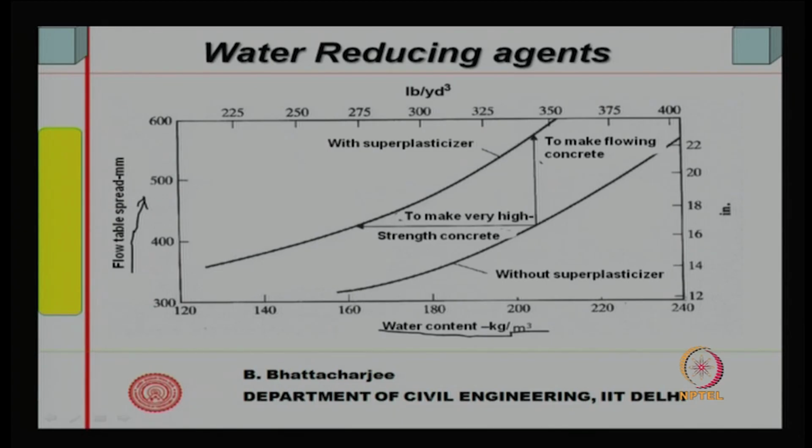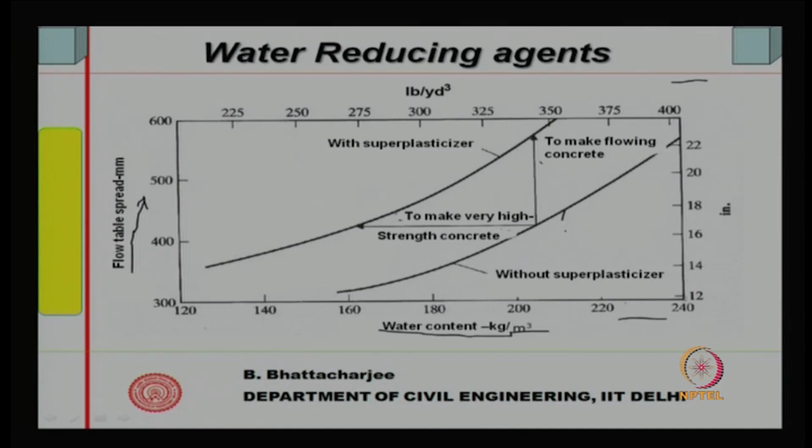So, if you use without superplasticizer, you want to increase the flow table spread, that is the workability, you shall be increasing the water content. Increase the water content, the flow table spread will increase, like this.